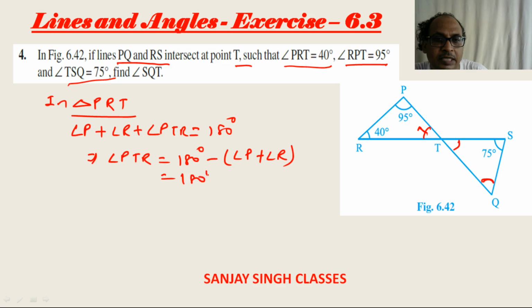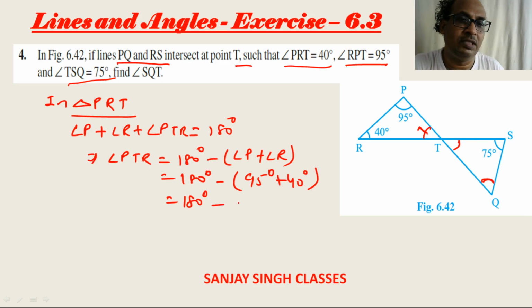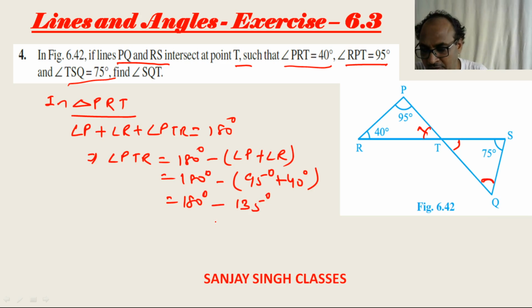So 180 degrees minus (95 degrees plus 40 degrees). This gives 180 degrees minus 135 degrees, so 45 degrees.